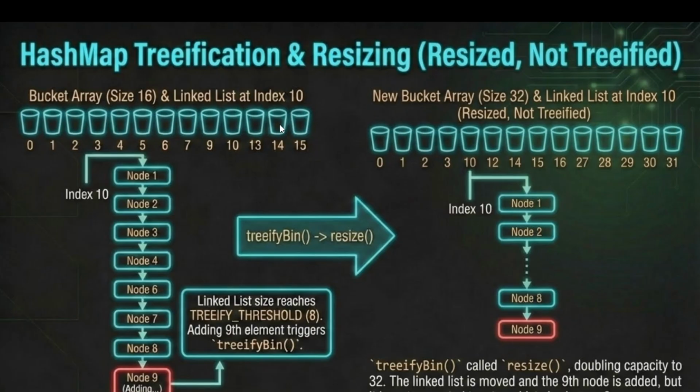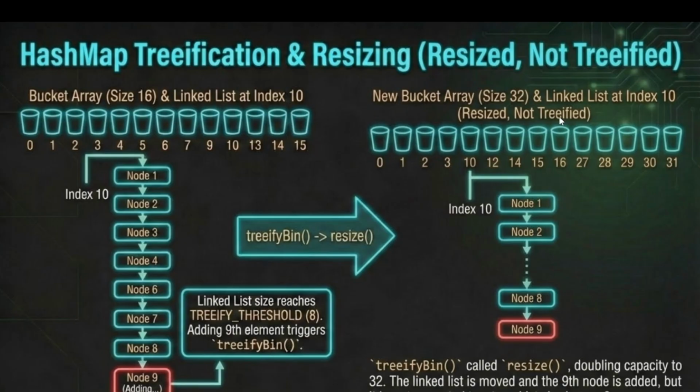Suppose it has 16, after adding the 9th it will become 32. Even though the treeify threshold is exceeded, it will not convert to a tree, because the bucket array is still 32. It should reach 64, and only then will it be converted to a tree. As of now, the treeify threshold is 8. Now this will be added.